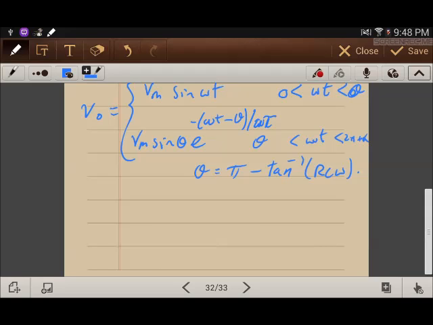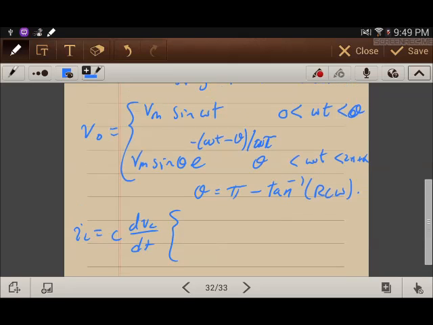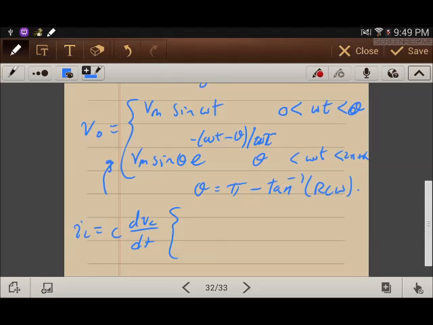So to find the current that is flowing through the capacitor, IC is equal to C dVc over dt, and I will take simply the derivative of this since Vc is equal to V output.